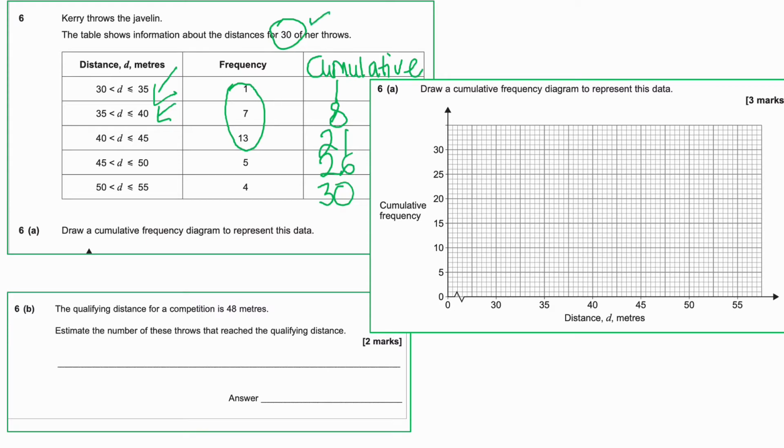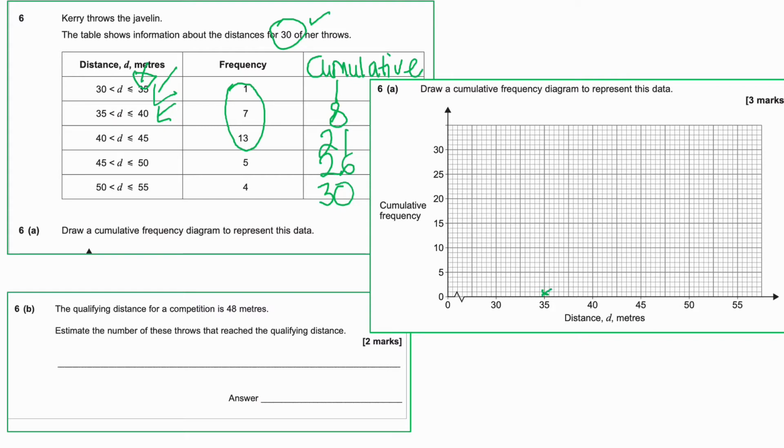So now we're going to plot them on a cumulative frequency diagram. And we are going to use the upper end of the grouping and plot it against the cumulative frequency. So the first one is 35 at the top end, and we're going to plot it against 1. So we'll find 35 here, and I will try to do it against 1.